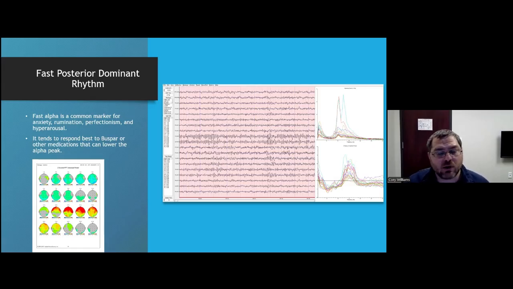But for people who don't have all of that experience, or who maybe miss things in an intake, or who maybe get rushed, or they're dealing with a client who's trying to hide information, you can't hide an EEG, right? And so if you look at this and you see this super fast alpha, you can immediately jump to a medication class that might be a little bit more helpful.